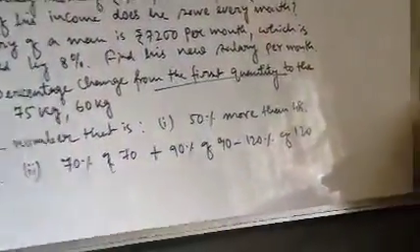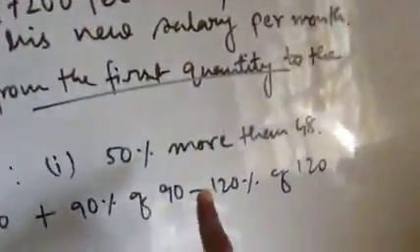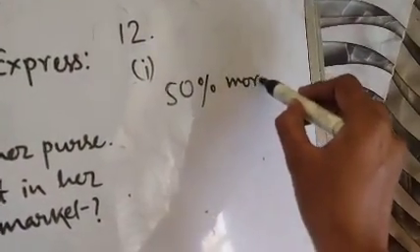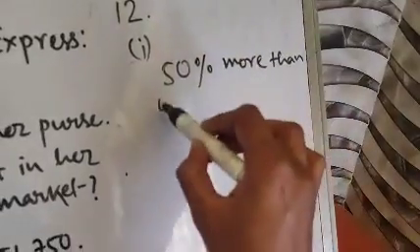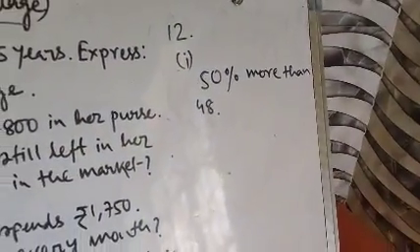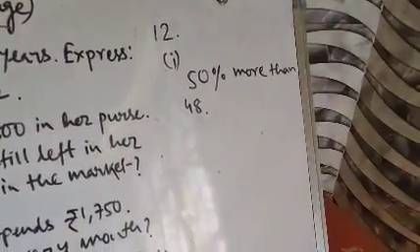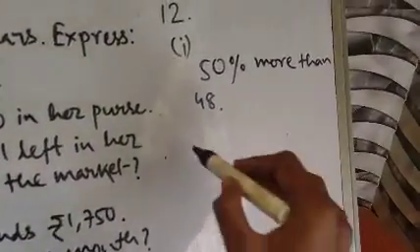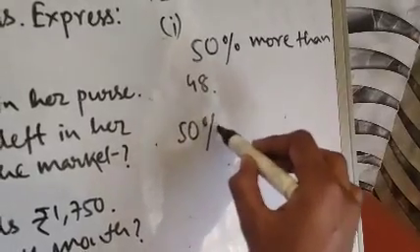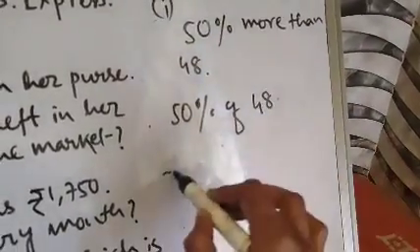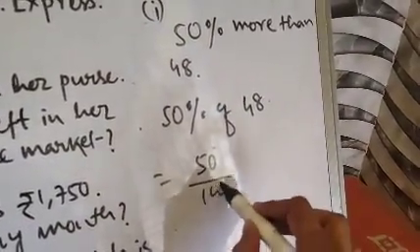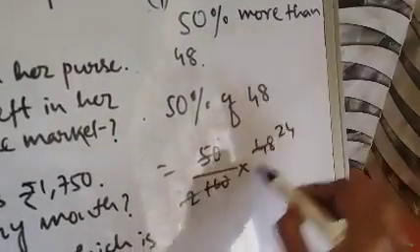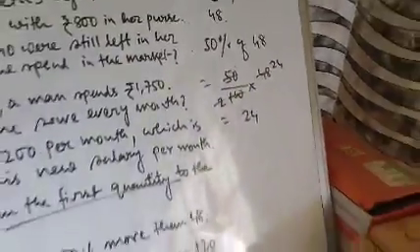So we have to first calculate 50% of 48. 50% means 50 by 100, 48 means 48. 5 2s are 100, 2 24s are 48. So 24. So 50% of 48 is 24.